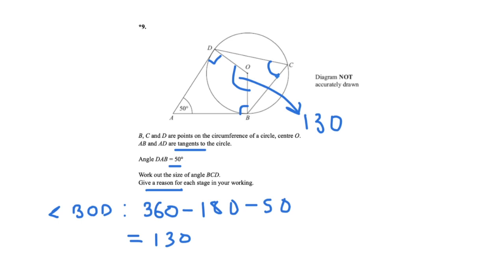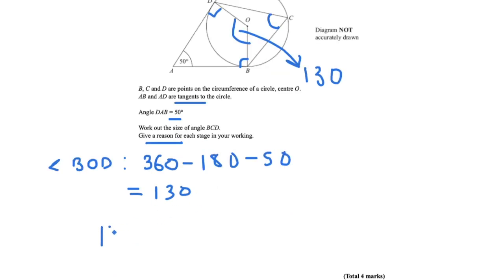So if we know the angle at the centre is twice the angle at the circumference, we can just say, well, we'll do 130 divided by 2, and that's going to give us 65. And then we can write our explanation to that, and I would write because the angle at the centre is twice the angle at the circumference.